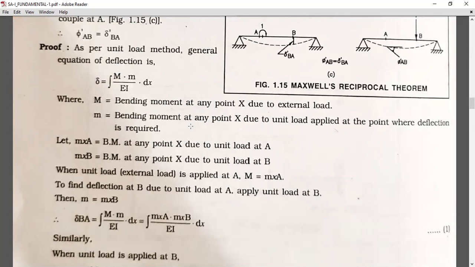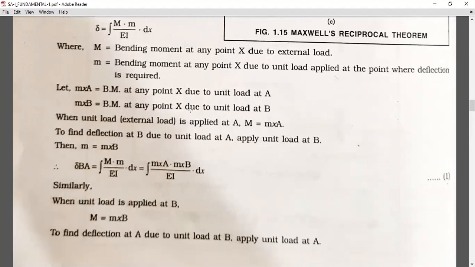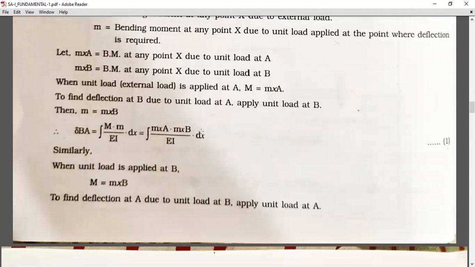Small m is equal to the bending moment at any point x due to unit load applied at the point where deflection is required. Mxa is equal to the bending moment at any point x due to unit load A. Mxb is equal to the bending moment at any point x due to unit load B.